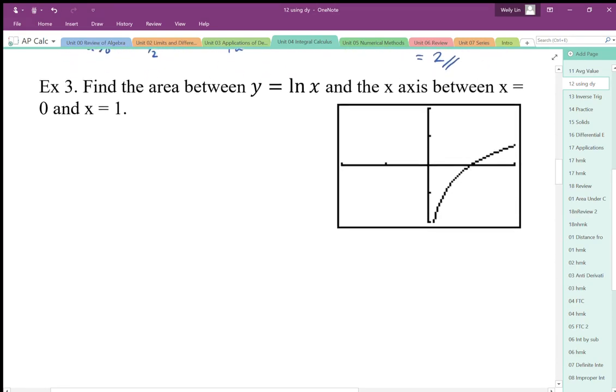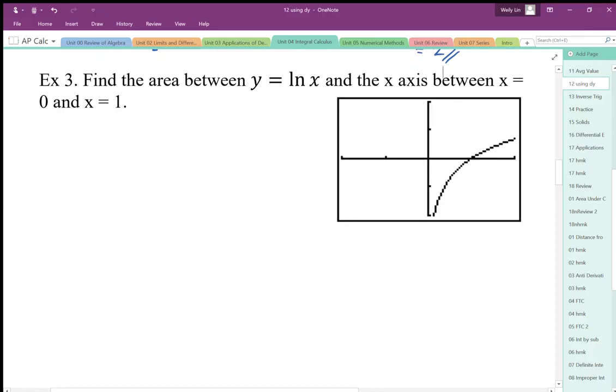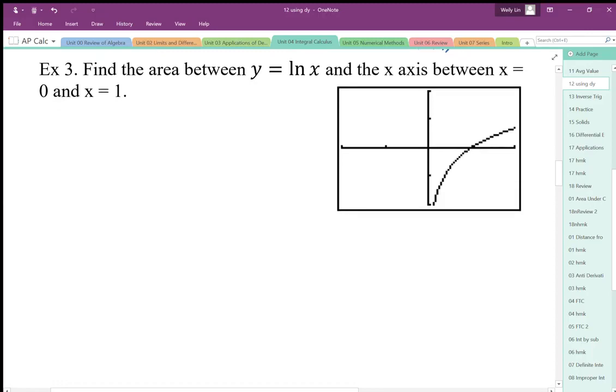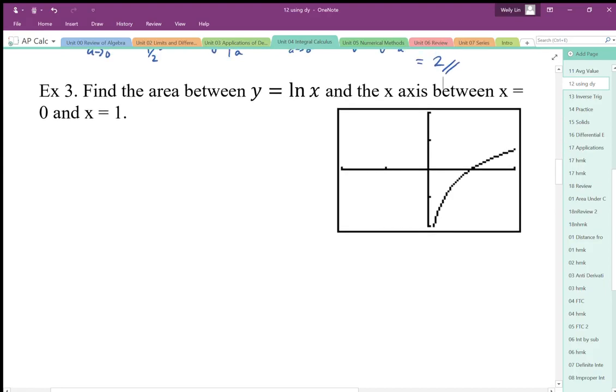Okay, so this one here, the area between log x and the x-axis, between x equals 0 and x equals 1. So this one here, I want this area there. Now, this is area, so I don't want displacement, so I want to calculate that as positive.